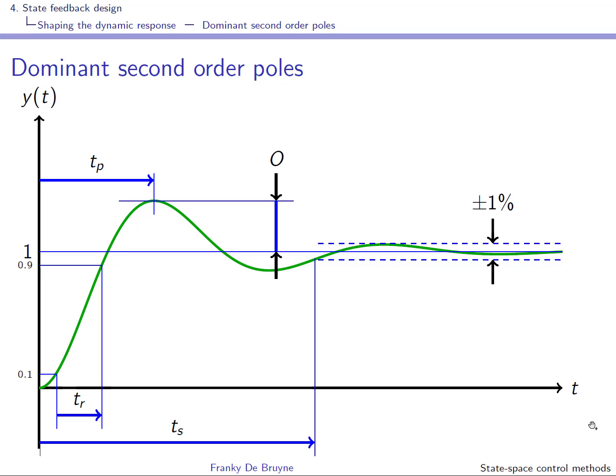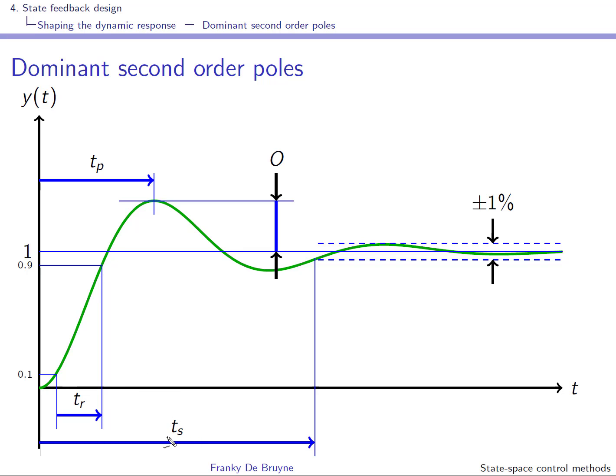We'll use it to define a number of quantities that will be important in this course. The first one is TR, and TR stands for rise time. It's the time that is needed to go from 10% of the final response to 90% of the final response.